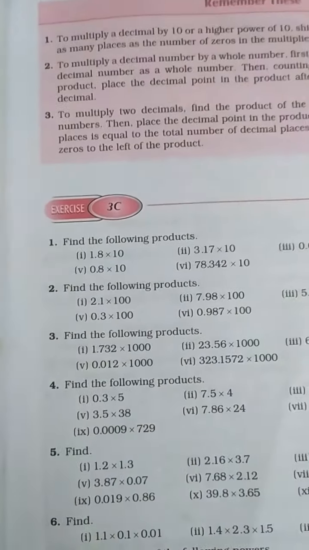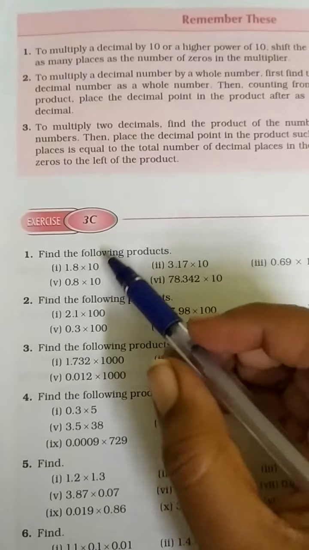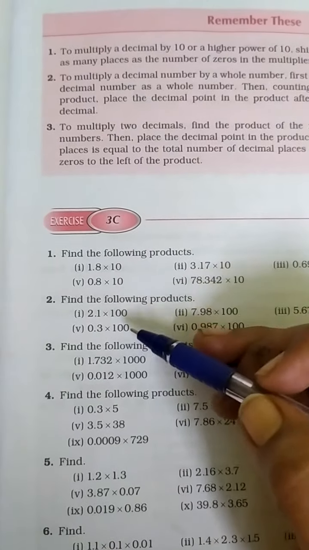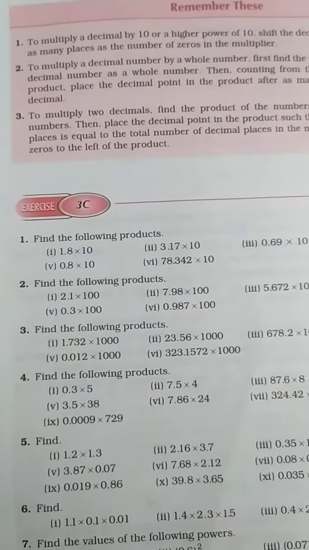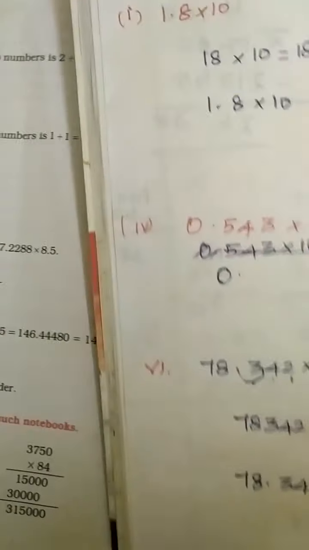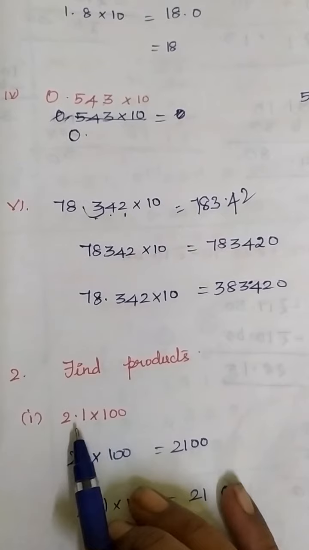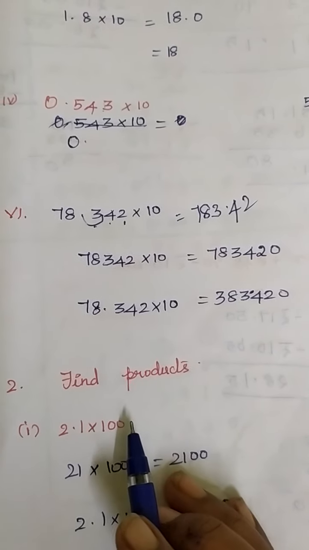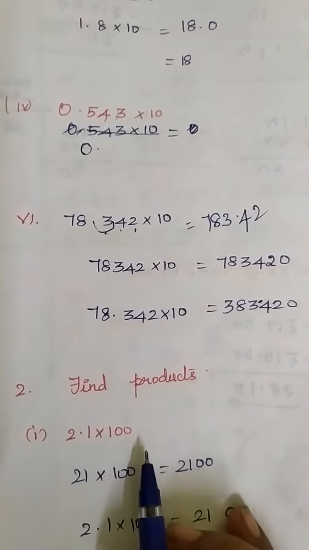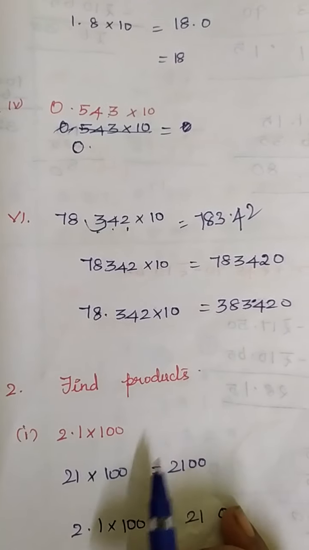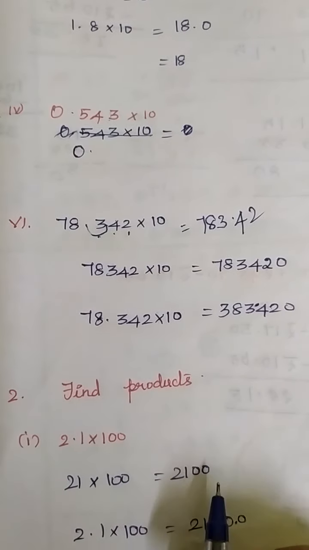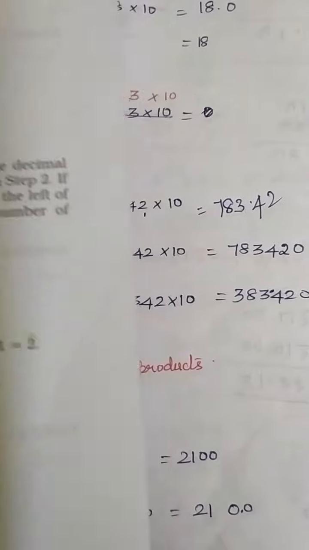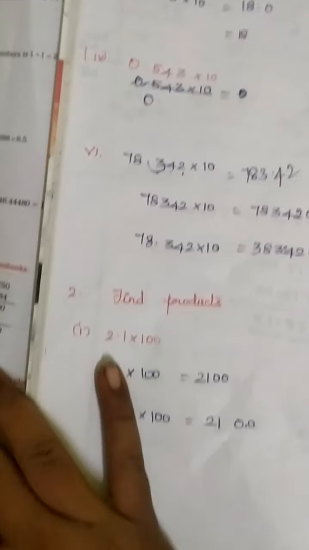Second problem, find the following products. Here in the first problem you multiplied by 10 and in the second problem you are going to multiply by 100. First subdivision, 2.1 multiplied by 100. If it is 21, when you multiply it by 100 you write 21 and add 2 zeros to the right hand side. But here you have a decimal point.